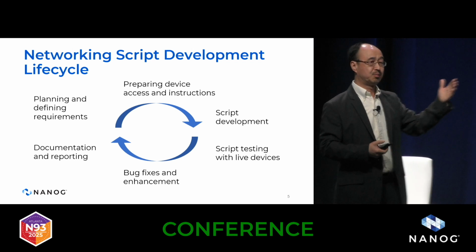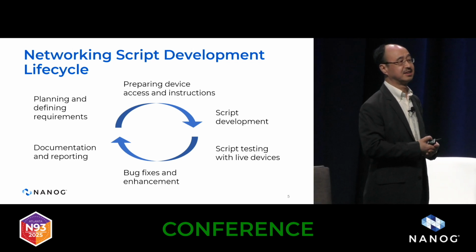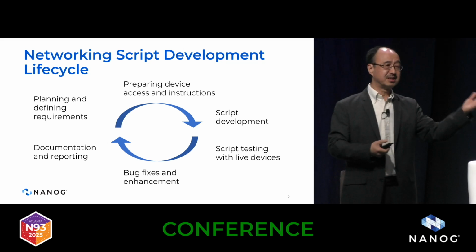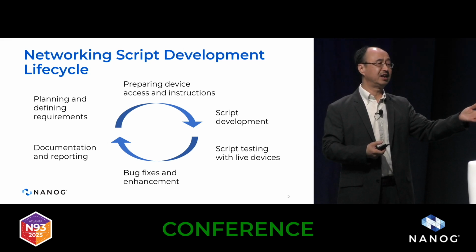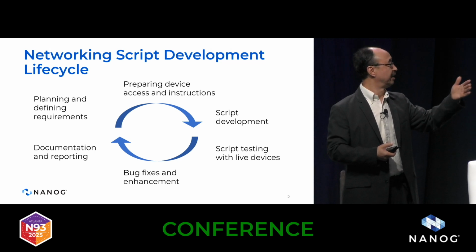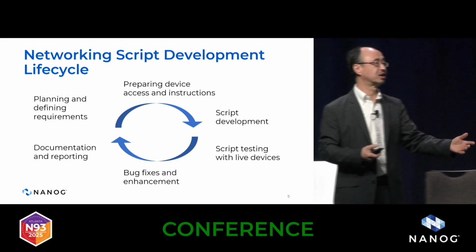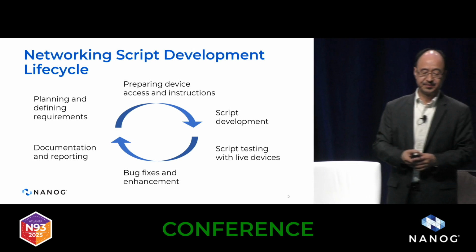Then you may prepare some devices to validate your script. Then, of course, the main part is the script development, writing the script, followed by testing of the script, making sure it works as intended.